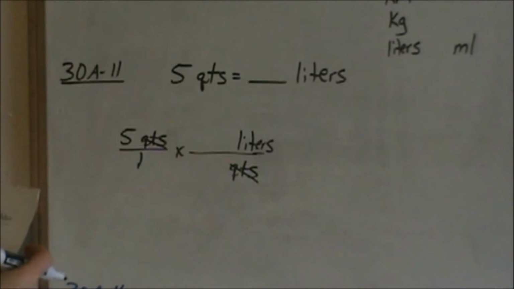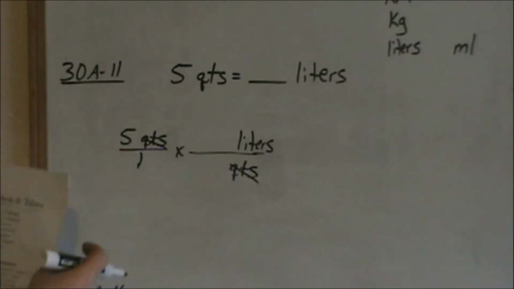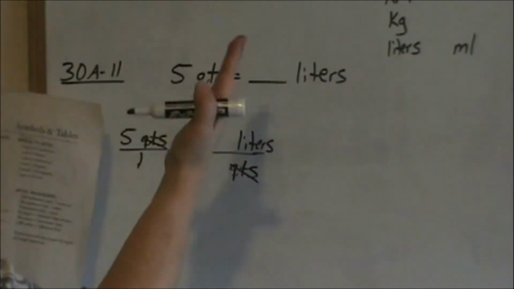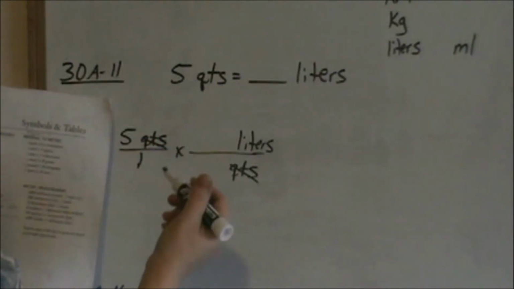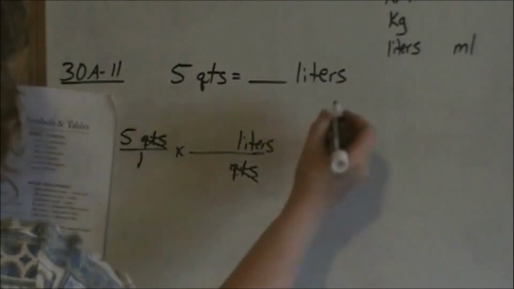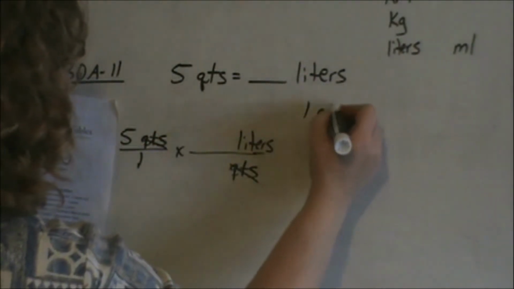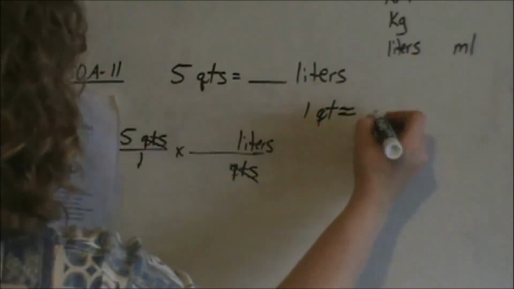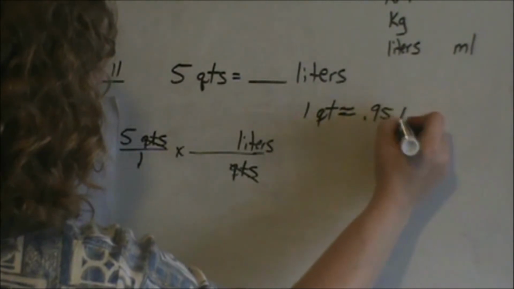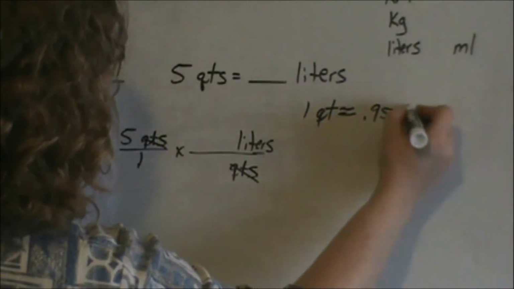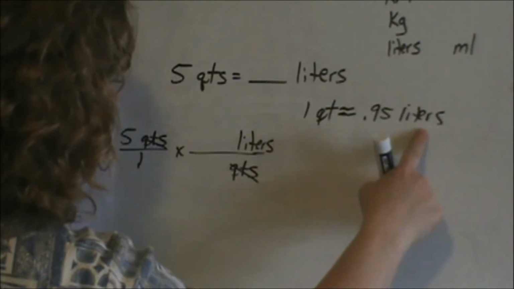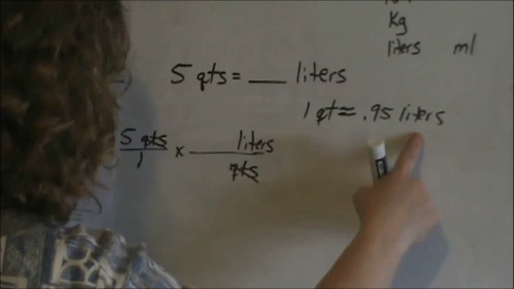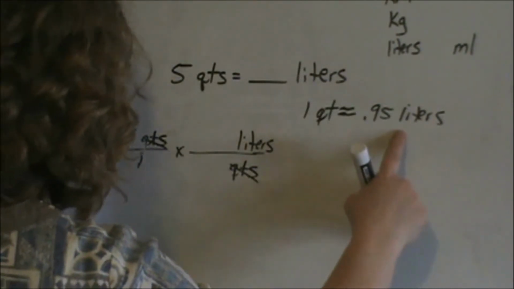Now look at my imperial to metric conversion tables and find something that deals with quarts and liters. I find here that 1 quart is approximately 0.95 liters. Again, I get this information from a conversion table or from the internet.